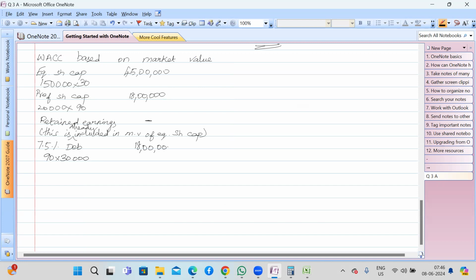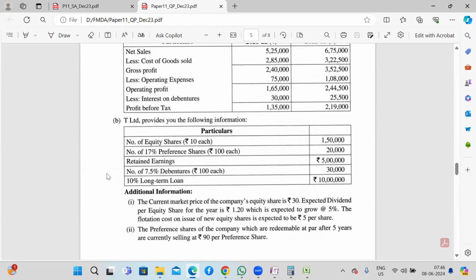Then the 10% long-term loan, I want to consider as it is, so 10 lakhs.